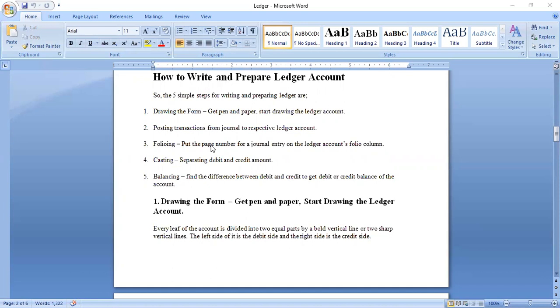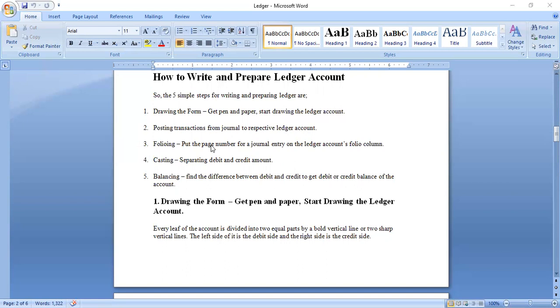Another one is the vertical form, which is called the modern form, or also the balancing form. So if anyone prepares a ledger book, he or she must follow the two forms of the ledger. One is the T form, another one is the vertical form.